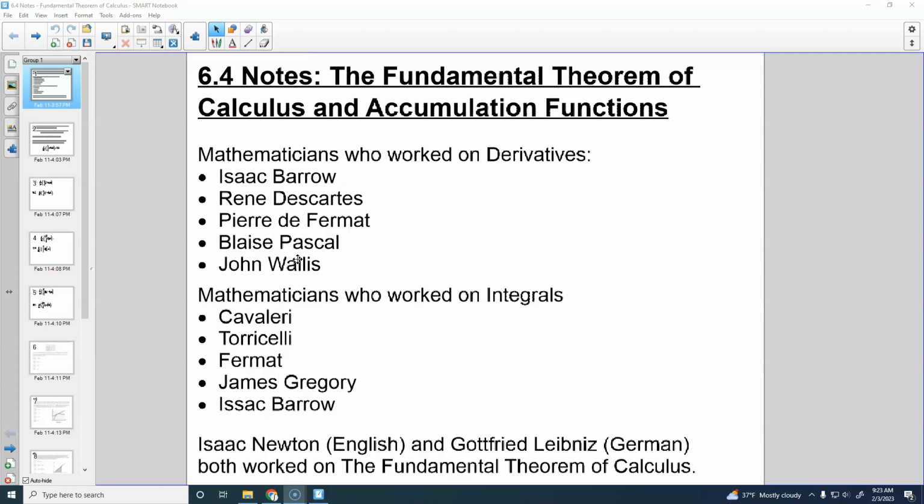So it's not so much that Isaac Newton and or Gottfried Leibniz came up with every part of calculus on their own. They were taking stuff that had already been worked on, and they were putting that together and recognizing that it was inverses.